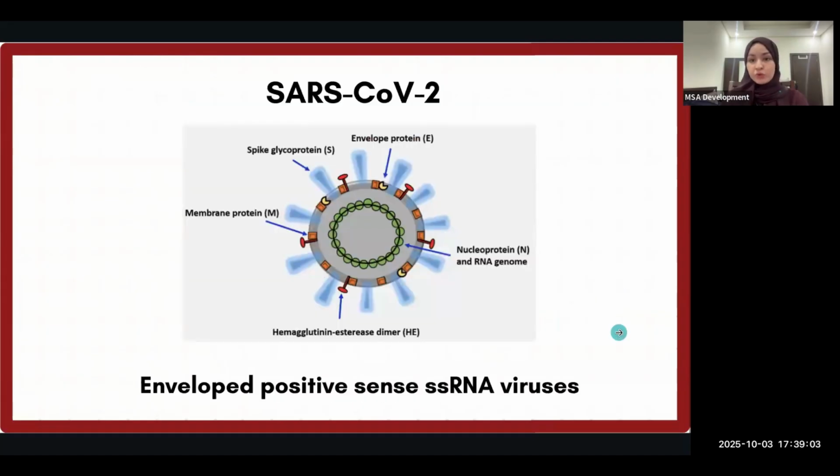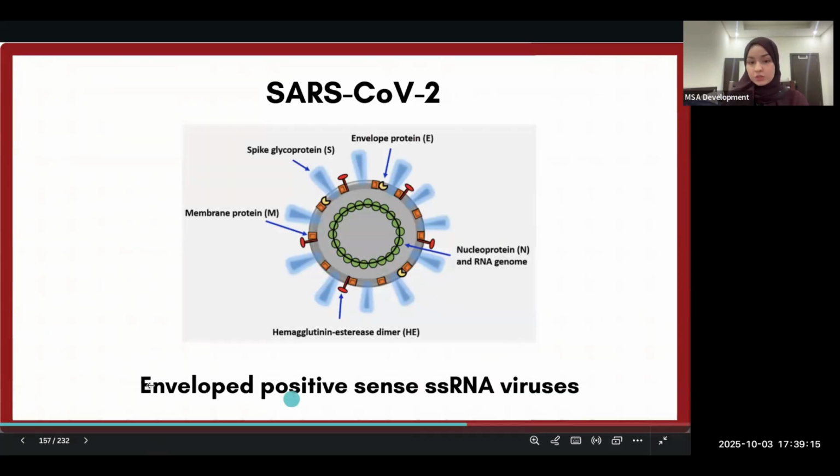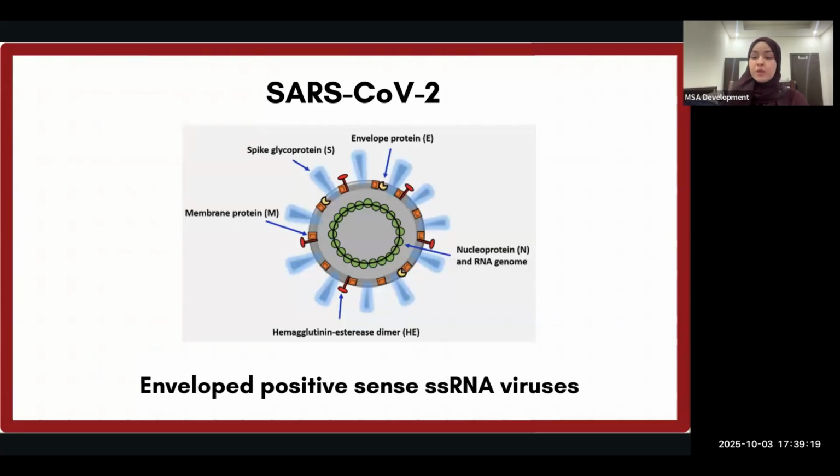Okay, now for COVID, again, it's one of the causes of pneumonia, but I'm not going to go into it too much because it's not really part of your OSPE objectives. However, memorize this very well. It is enveloped, positive sense, single-stranded RNA. And it has these structural proteins, the spike proteins.